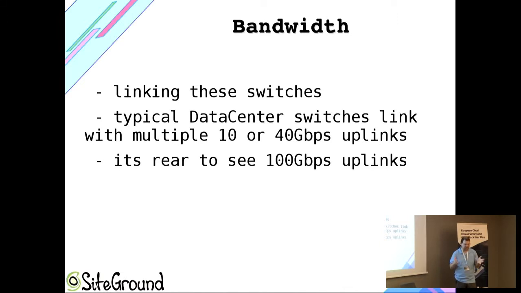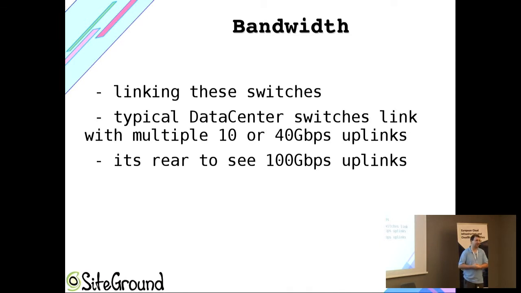And 40 gigabit uplinks are not a standard in every data center. A standard currently is around 10 gigabits, or multiples of 10 gigabits, but multiples of 40 gigabits from one switch to aggregation is not something that every data center would provide.